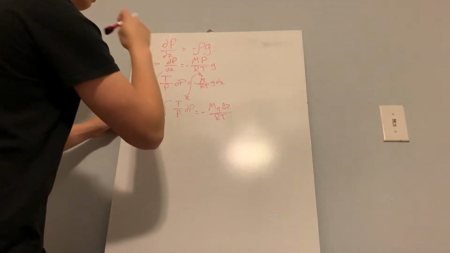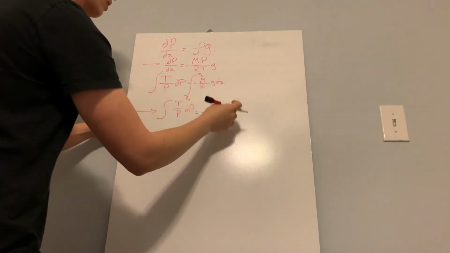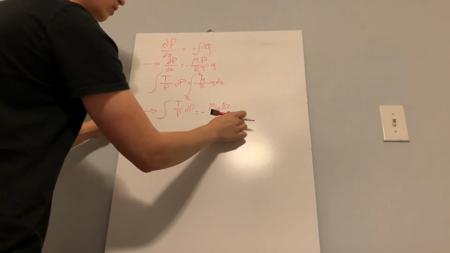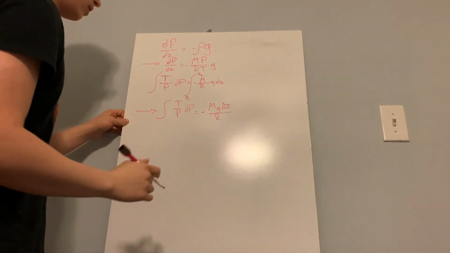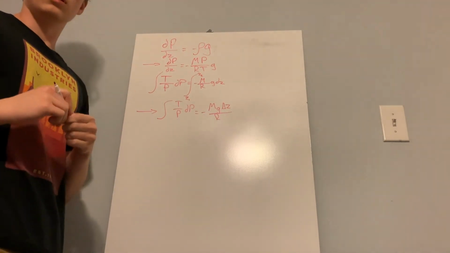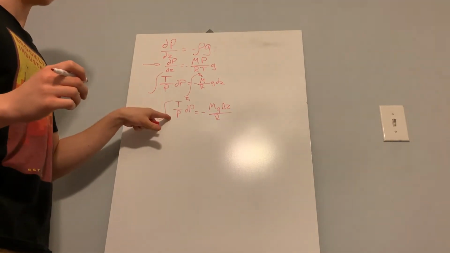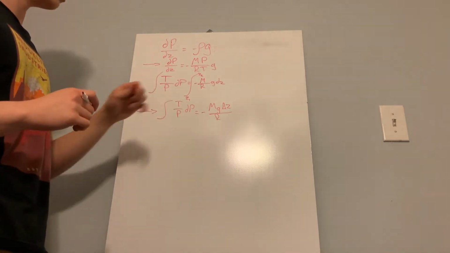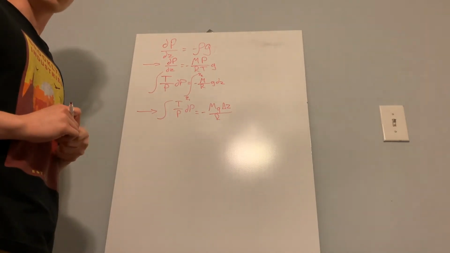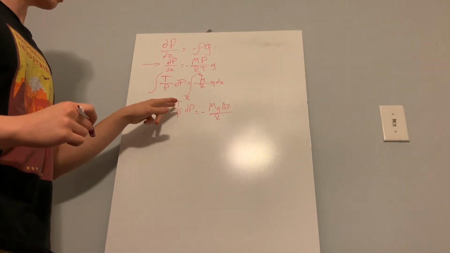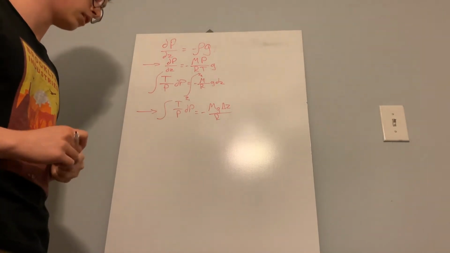And that's my mistake. Temperature, we moved temperature over earlier. So it's just going to be over R. And basically, now we're going to leave this equation and we're going to solve for our temperature. And then we're going to go ahead and plug in our temperature equation so we can get our pressure equation.